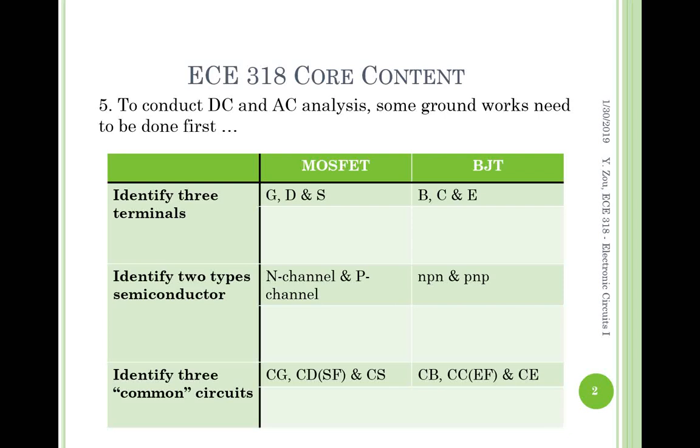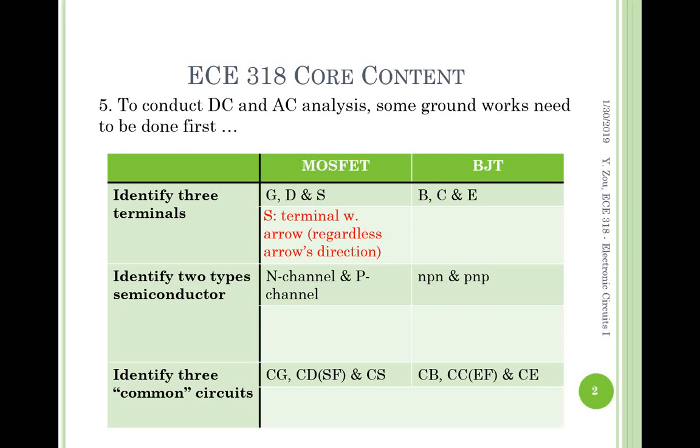All right. So how to identify the G, D, and S? Actually, it's pretty straightforward. The gate is easier to identify since it's between the drain and the source, in the middle. However, between the D and S, we need to be careful that the source terminal is the terminal with an arrow.